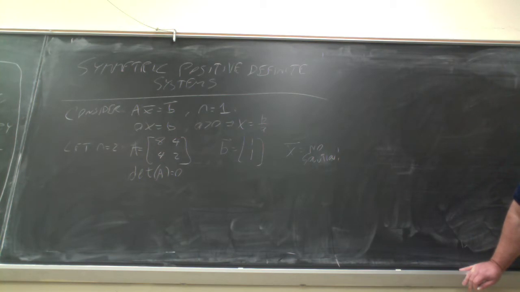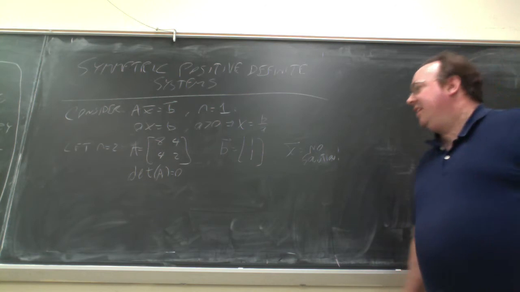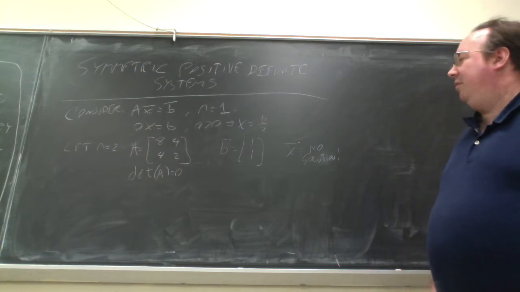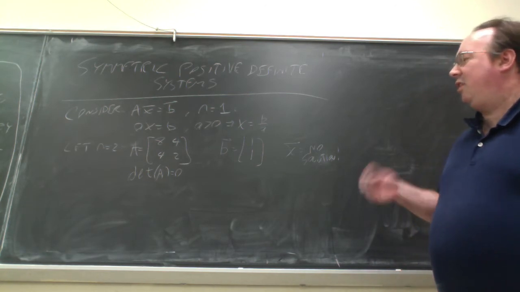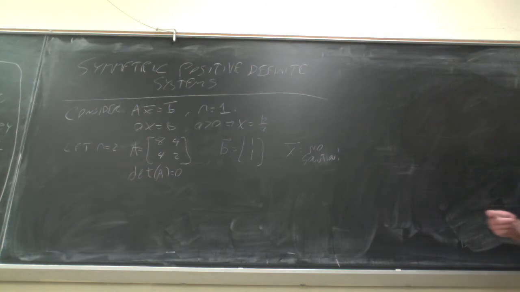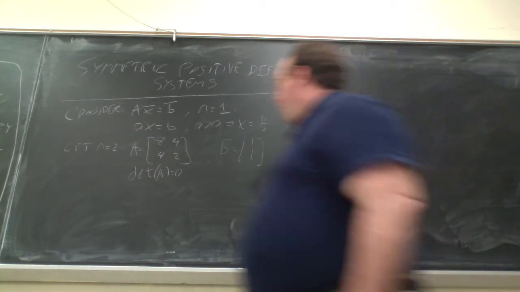Maybe you could argue that the determinant of A has to be positive. That's perfectly reasonable. But that isn't going to go far enough. You could argue maybe A should have positive eigenvalues. That actually is enough. And I could use that as a definition, but the definition typically given is this.